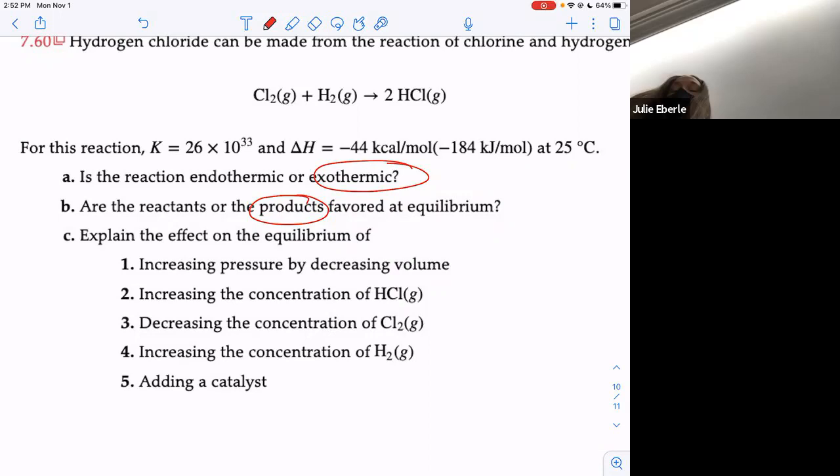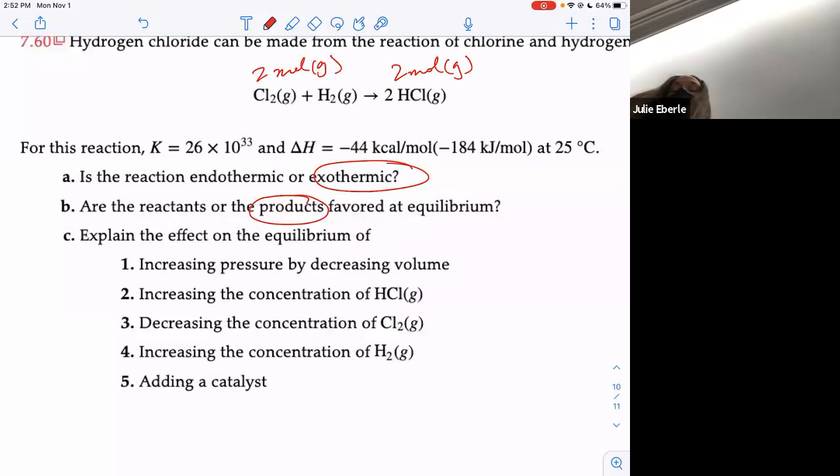Yeah, specifically the moles of gas, which everything is gas here. But if you have a reaction where not everything's gas, you're just considering how many moles of gas you have on each side. So how many moles of gas do I have on my reactant side? 2 moles of gas. How many on the product side? Whoa, so what's going to happen here? It won't want to shift one way or the other.